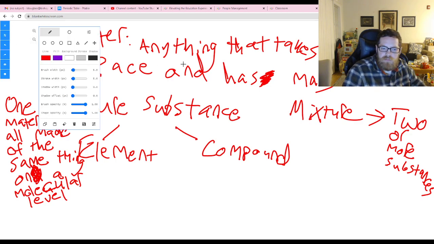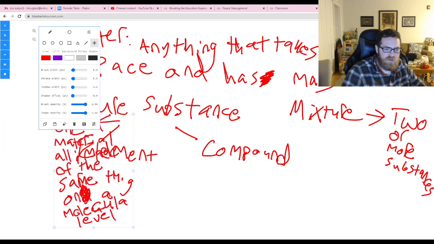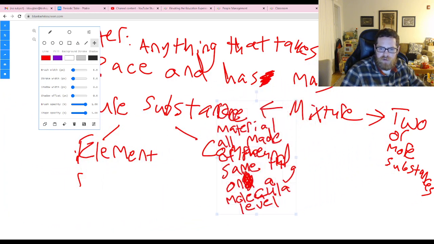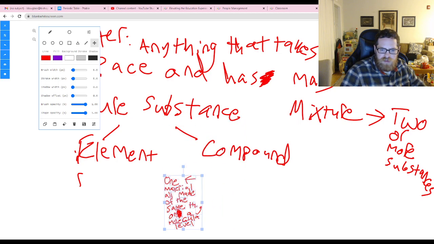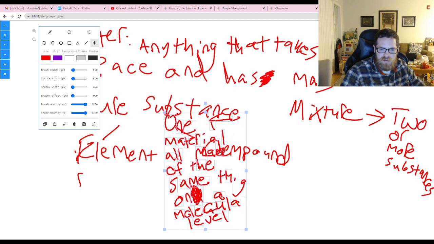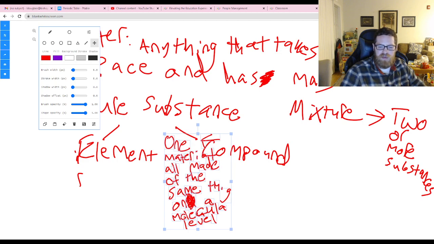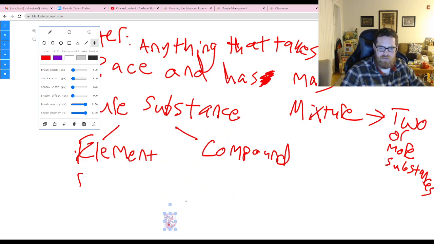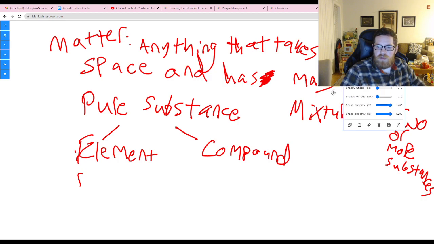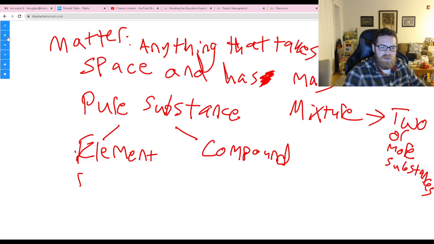Alrighty. So move all this over. Just gonna shrink that down because we need to talk about other stuff. But again, one material all made of the same thing on a molecular level, basically. Right? It is, again, a pure substance. And we'll go over examples of all of these afterwards.